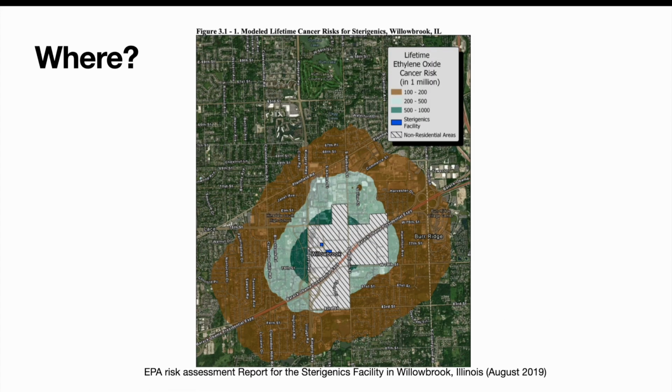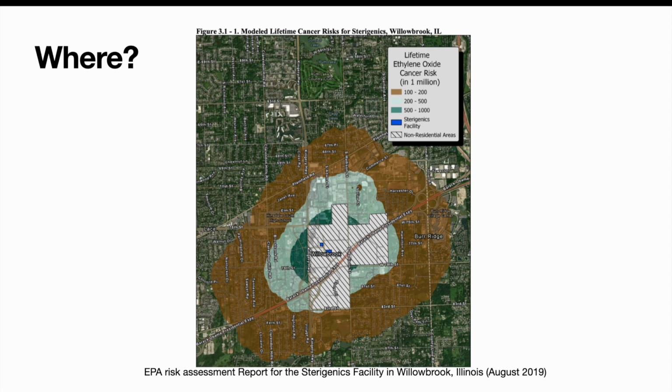We also have, in 2019, an EPA risk assessment for a facility that people claimed was spewing cancer-causing material. So the EPA did a risk assessment on this map, and they found that the facility is in dark blue, and that in the dark green color, 500 to 1000 people in a million had a risk of cancer.